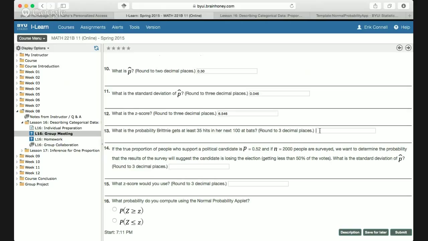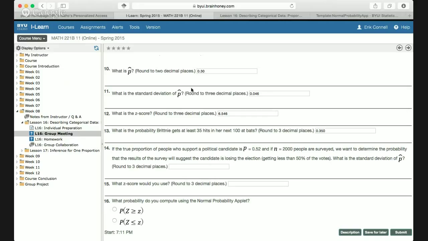Otherwise, that would give us a 0.35. 0.350 because it's 3 decimal places. And this is 10? This is what? 10, right? No, 13. What is 10? 10 is 0.30.